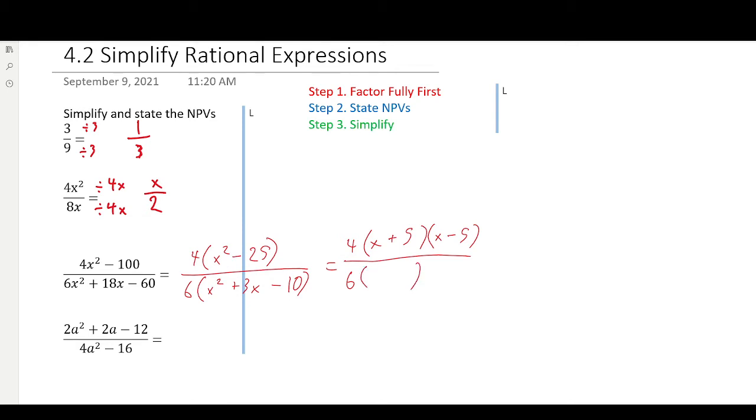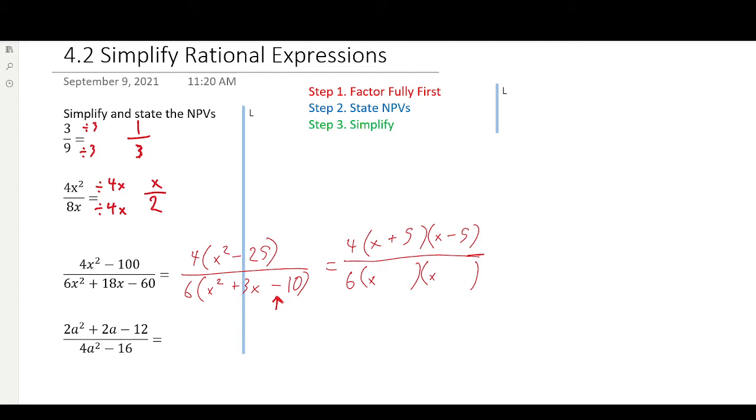The second part is now we have to do the bottom of our fraction, or rational expression, which has a trinomial. So you have to put x, x, and then you need to ask yourself, okay, what are the operations and where are they? So we have a negative here, which means that one of our two numbers is going to be negative, and over here we have a positive, so only one of them is going to be negative.